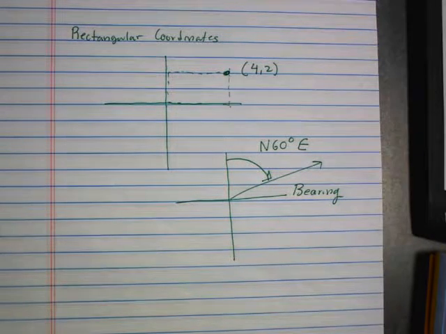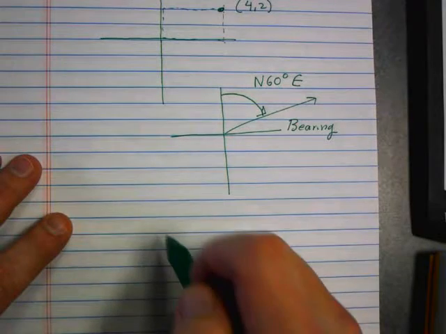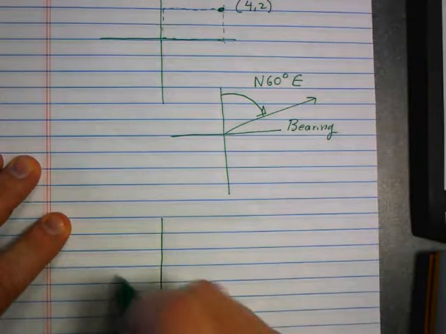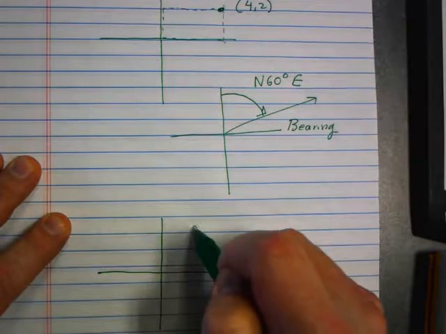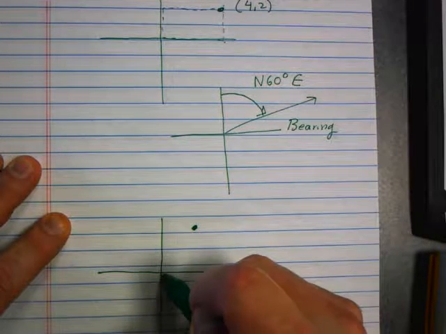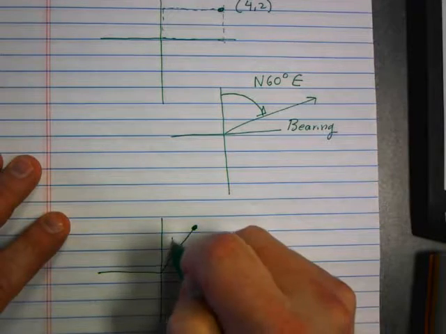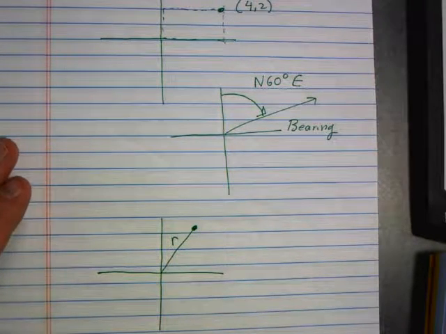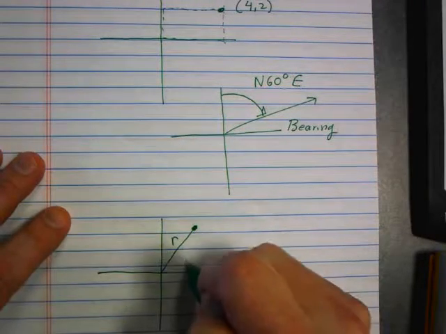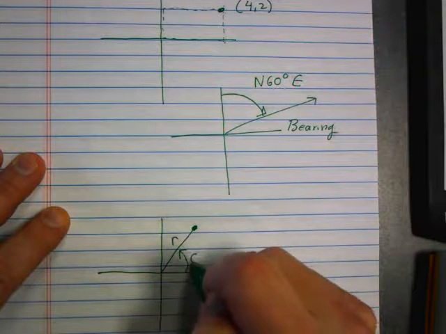All right. Anyway, polar coordinates, the way we're going to label points is, if I draw a point here, I'm going to measure the distance from the origin, and that's called r, and r stands for radius. And then we're going to measure this angle, and we're going to call that theta.